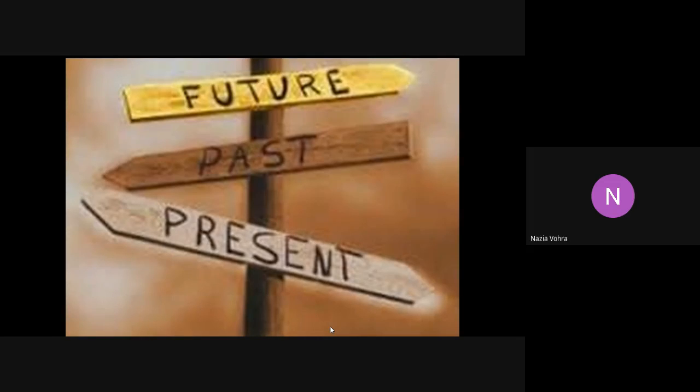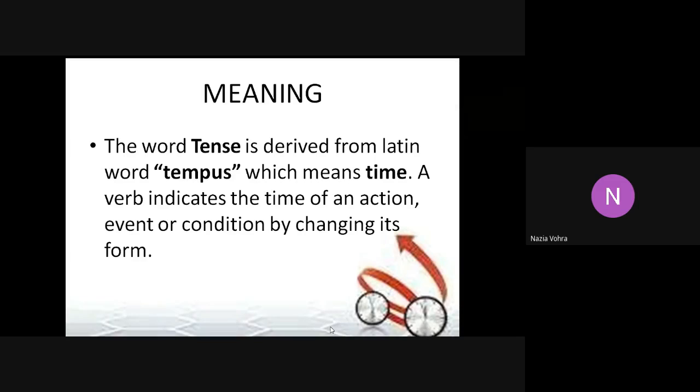There are three tenses, as I said: present, past, and future. The word tense has been derived from the word tempus, which means time, and the verb will indicate the time of an action, event, or condition by changing its form. So the verb is going to indicate the change from present, past, or future.